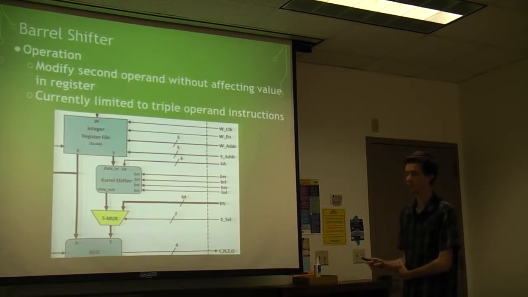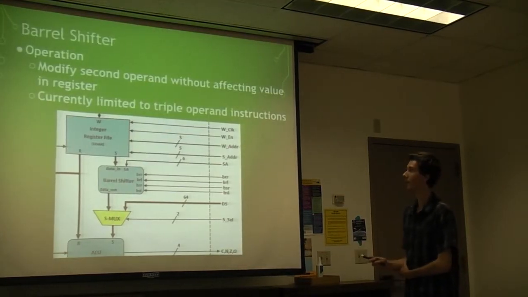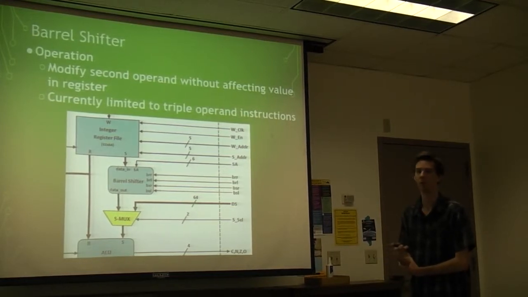And S8 is the shift amount, or rotate amount, however much you want to do. It goes from the S into the barrel shifter, and then the S mux determines whether the value comes from the barrel shifter or the DS, and then that goes into the ALU. But right now it's currently only limited to the triple operand instructions, like add and subtract and multiply, stuff like that.